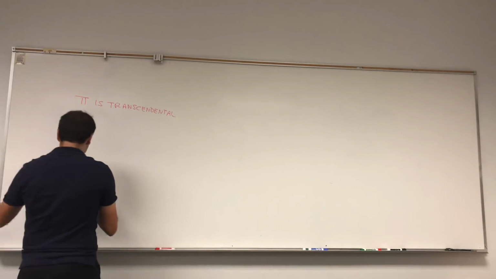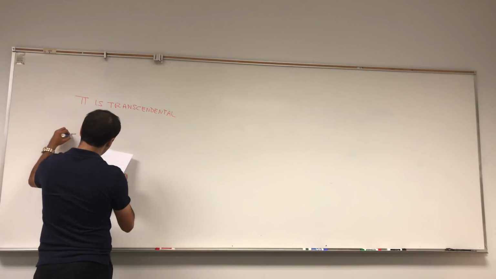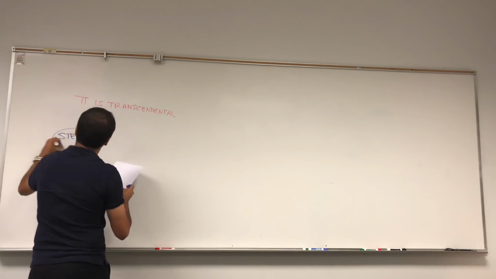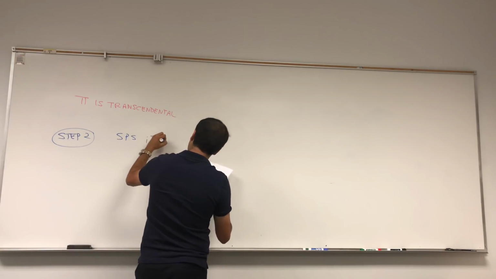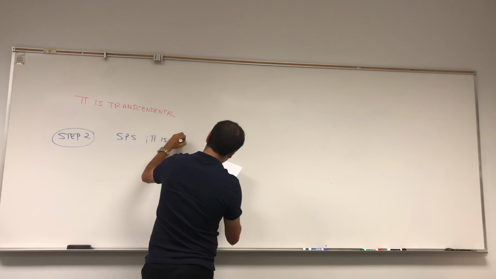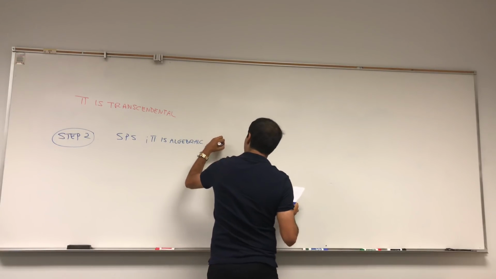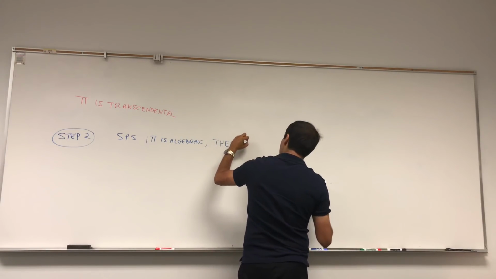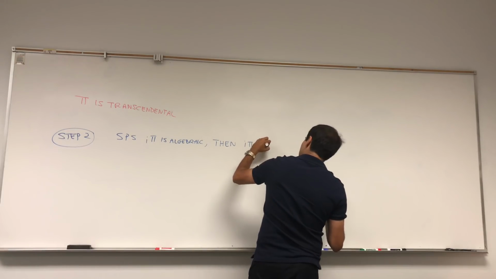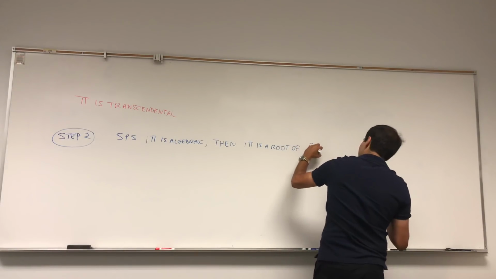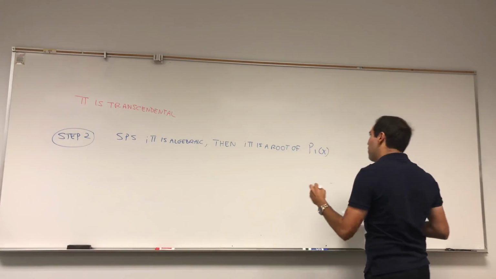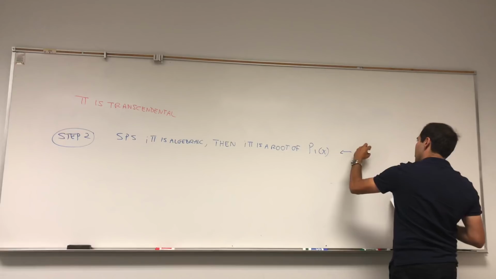Okay, so step 2. Again, suppose i pi is algebraic. Then i pi is a root of a polynomial p1 of x, again a polynomial with integer coefficients.